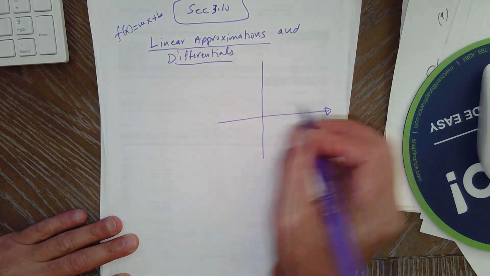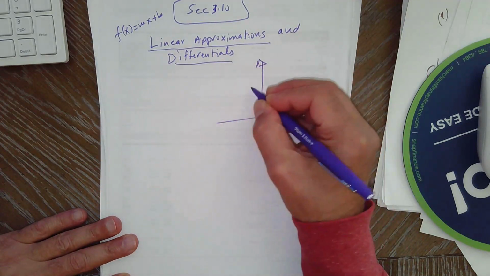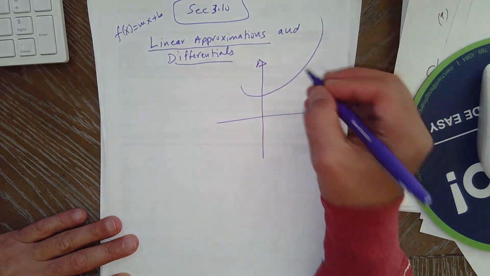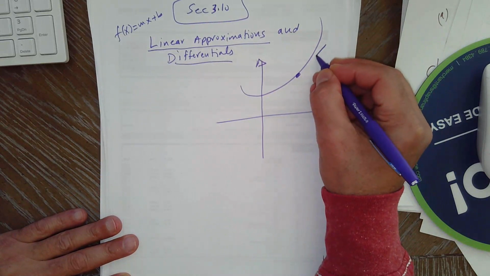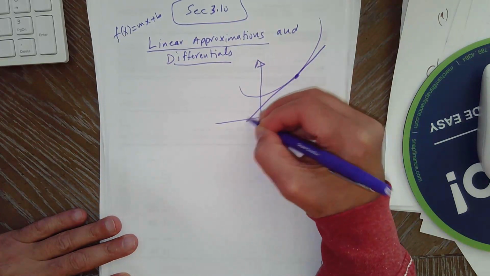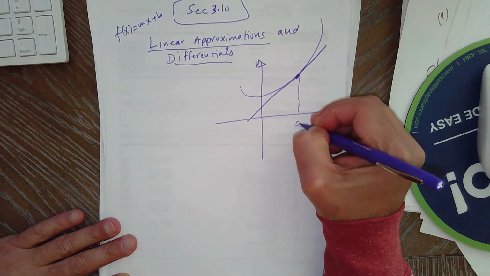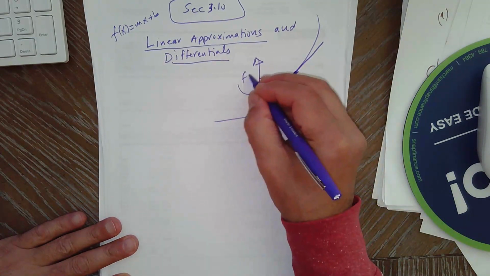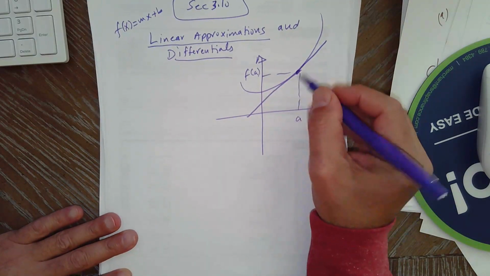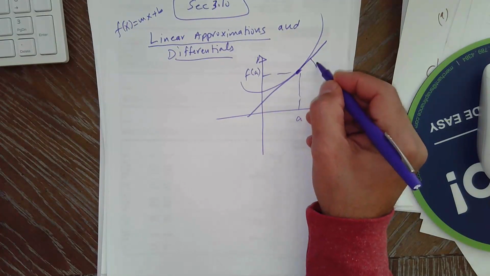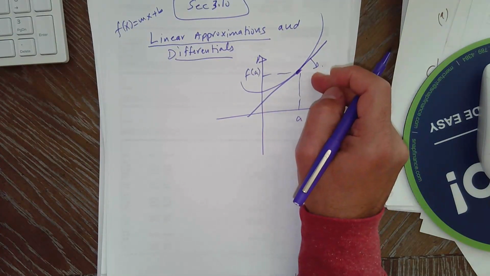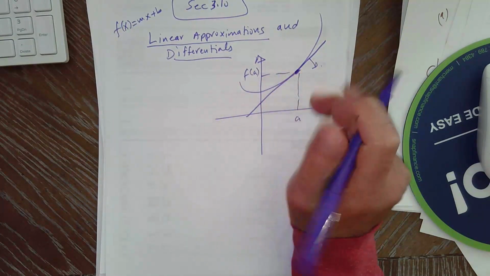So just to give you an idea before I start, if you have a curve and a tangent line to the curve at a point a, f of a, we can easily find the equation of the tangent line. We know how to do this as long as this is differentiable.